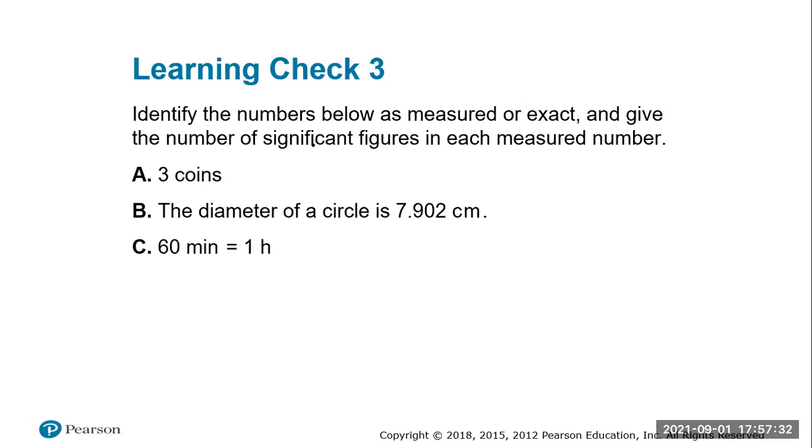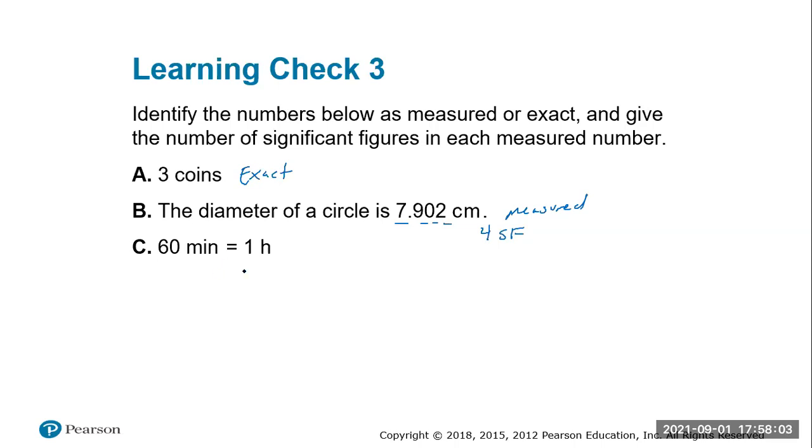So if we look at these here, if we had 3 coins, we want to identify this as a measured or exact number. Probably that's going to be an exact number, as if you only had 3 coins, you would simply count them. The diameter of a circle is 7.902 centimeters. This would be a measured value, and it would have 1, 2, 3, 4 significant figures. 60 minutes is equal to 1 hour.